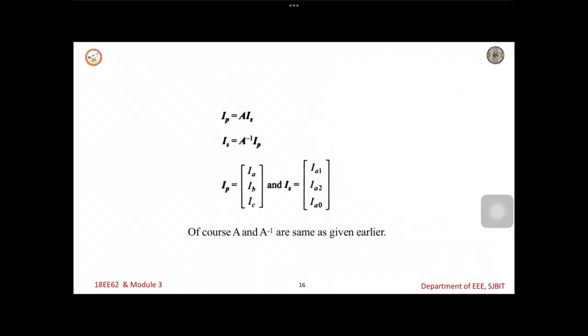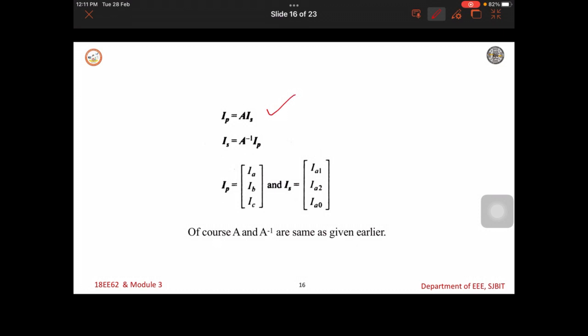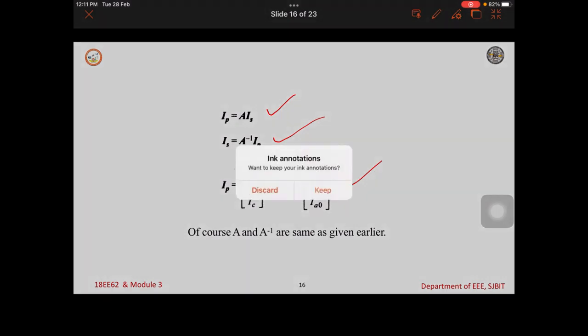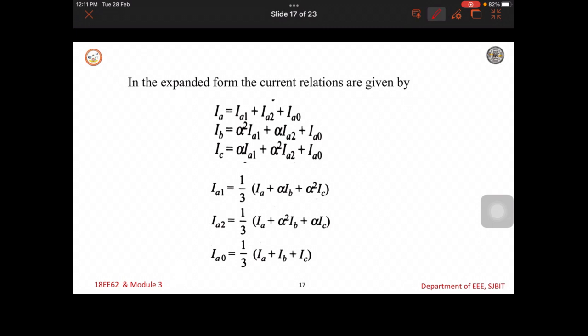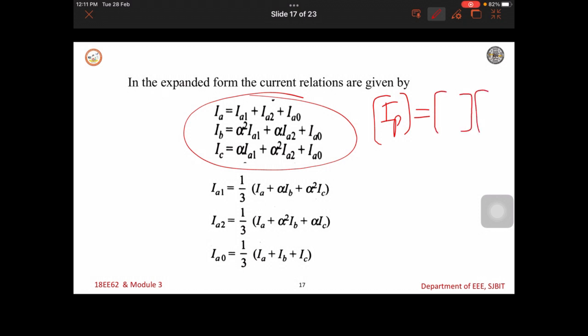Similarly, one can write the same with respect to the currents. In the case of the currents, these are the phase currents, and we have a constant term, that is tau, and then the symmetrical components of currents.